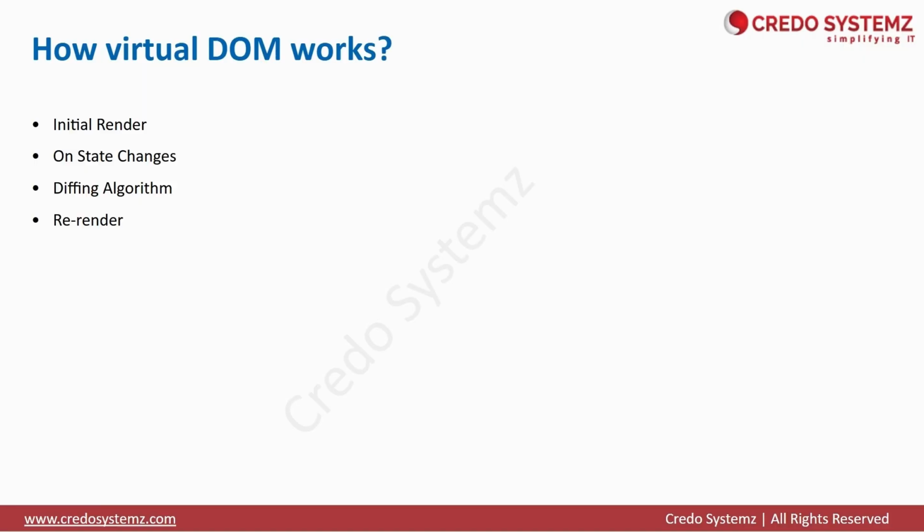Once the changes are applied on the virtual DOM, React compares the actual DOM with the virtual DOM. Whatever changes happened on the virtual DOM are applied as a single change, a batch update, to the actual DOM. Of course, once the actual DOM is modified, it goes through the re-rendering process. So instead of doing 1000 re-renders, now I'm doing 1 re-render. That's the advantage of virtual DOM, and that's how the performance of the application increases.